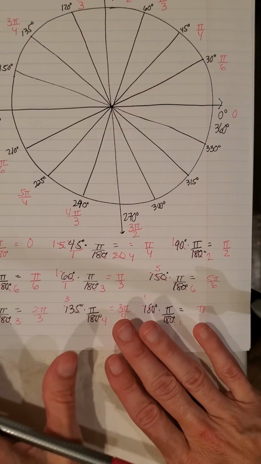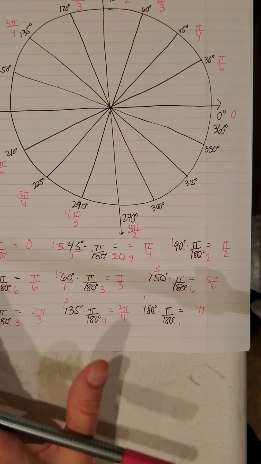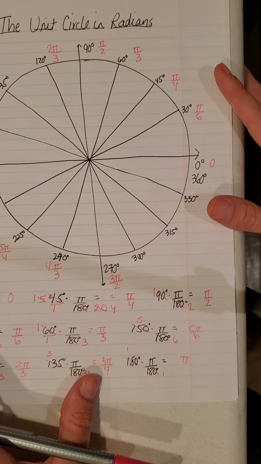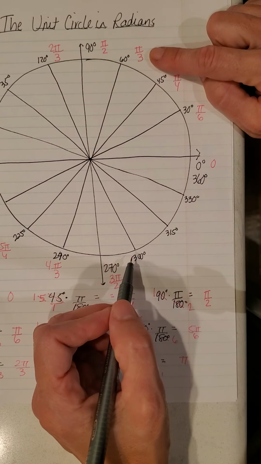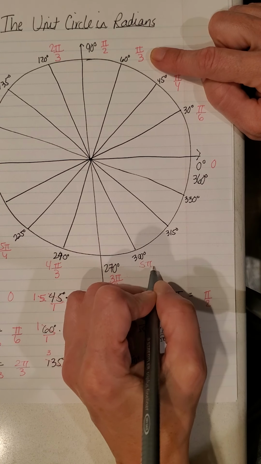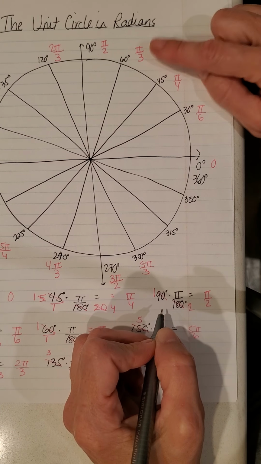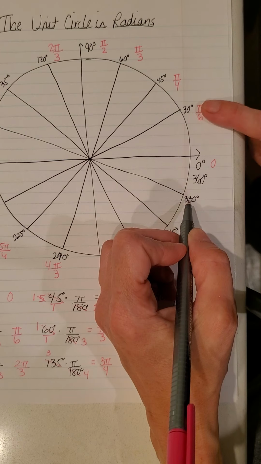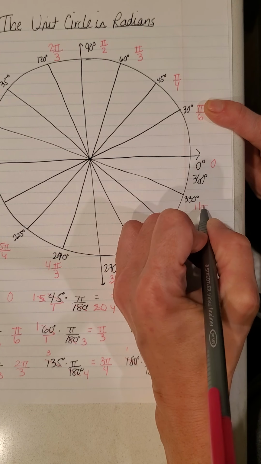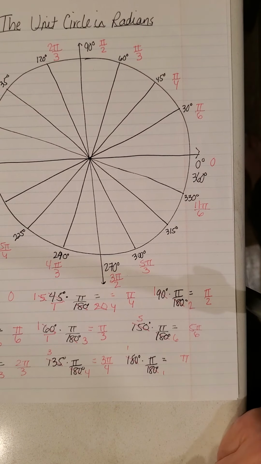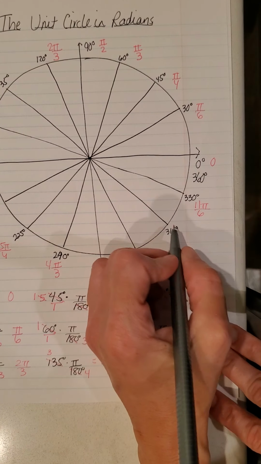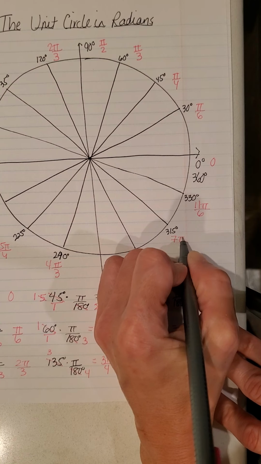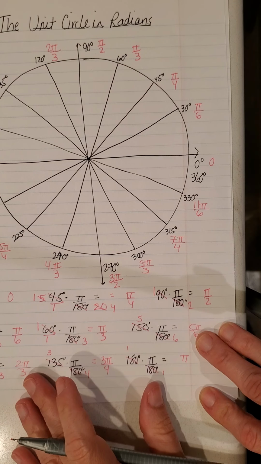It's basically just that multiple times whatever the radian measure is. 300 is 5 times 60, so 5 pi over 3. 330 is 11 times 30, so that's 11 pi over 6. And then 315, what is that going to be? It turns out that 315 is actually 7 times 45, and so it's 7 pi over 4.